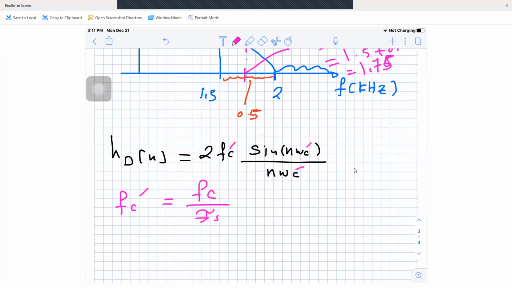What does it mean? We are going to substitute fc dash, which after calculating the cutoff frequency will be 1.75 kilo divided by 8 kilo.